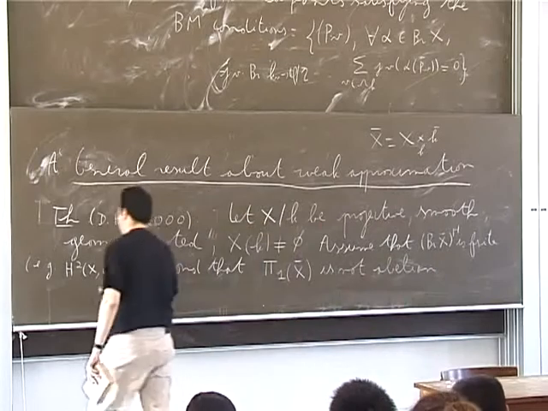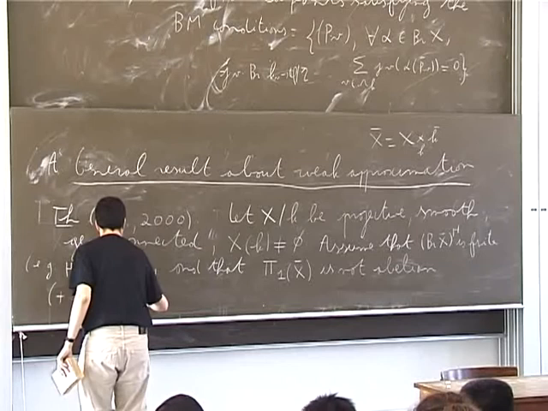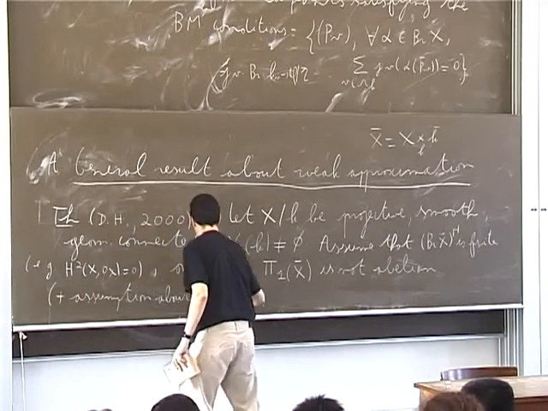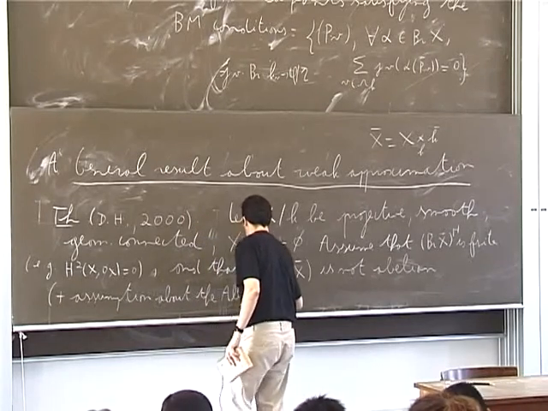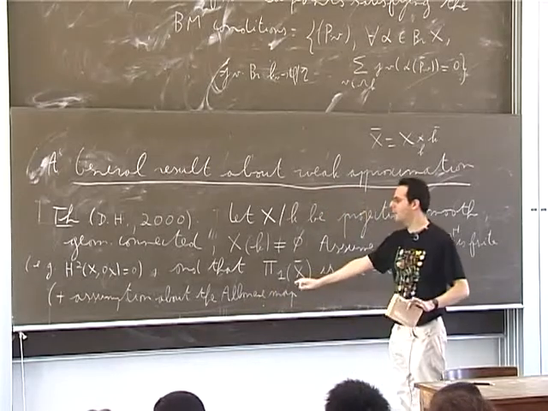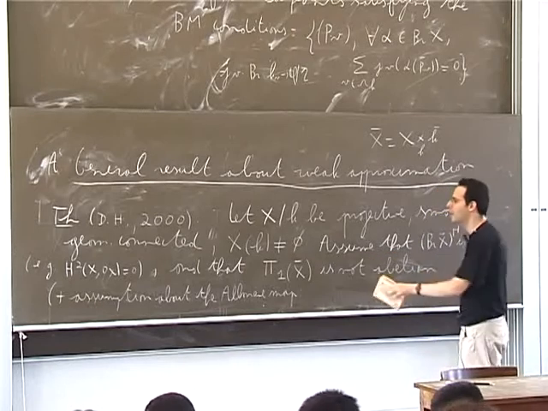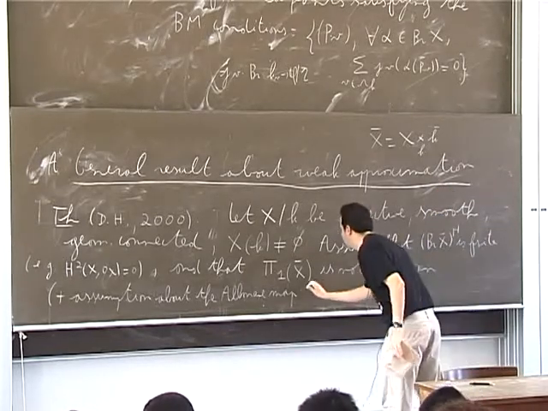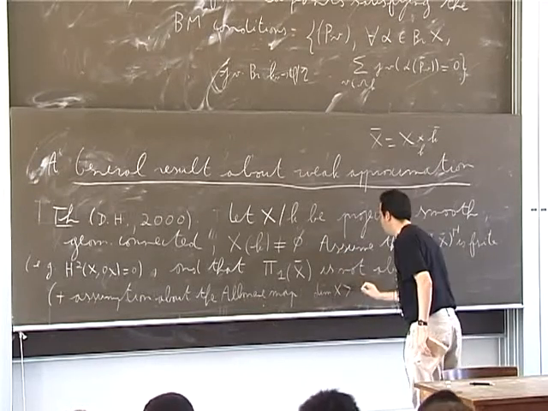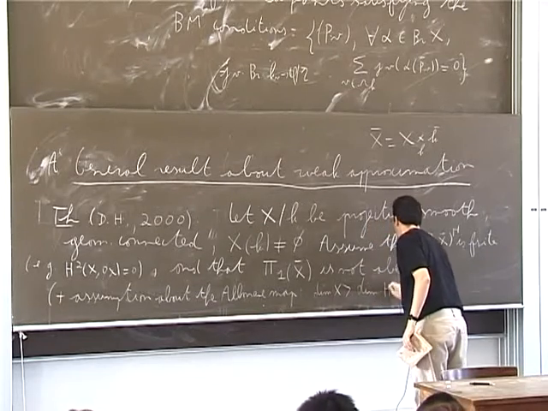And you have to add an assumption about the Albanese map, where the technical condition is faithfully flat with reduced and connected fibers, but essentially this means that the important assumption is that the dimension of X has to be strictly bigger than the dimension of its Albanese variety.